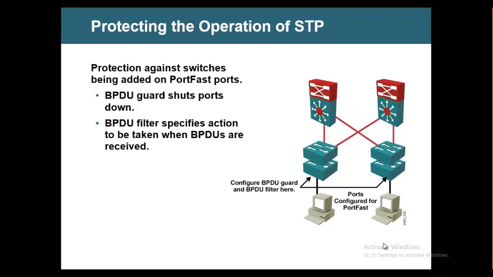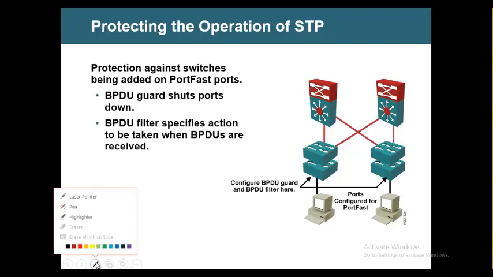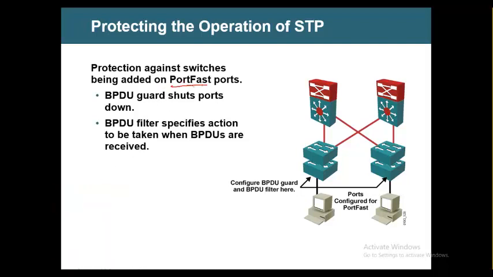If a BPDU comes, the port is not going to really listen to it. So enabling port fast is one way to protect. Do not enable port fast between switches, enable only on the access ports.